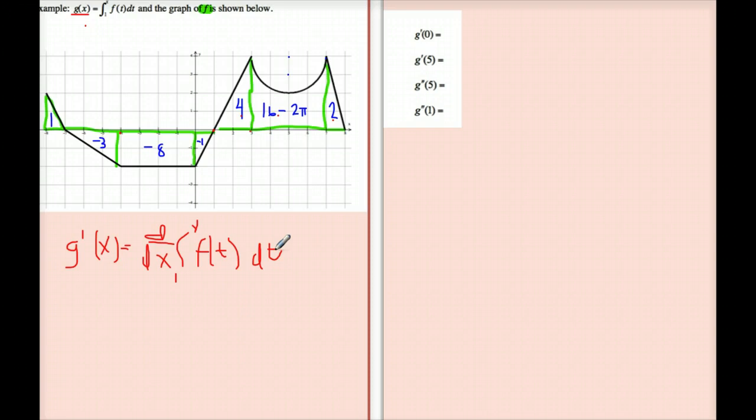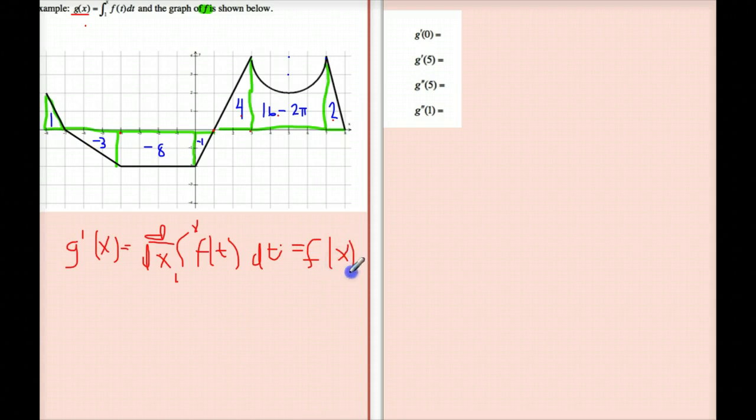If we take a look at the second fundamental theorem of calculus, I have a derivative, I have a constant in the bottom, an x on the top, and an f of t dt. So doesn't that mean that g prime of x is actually equal to f of x?